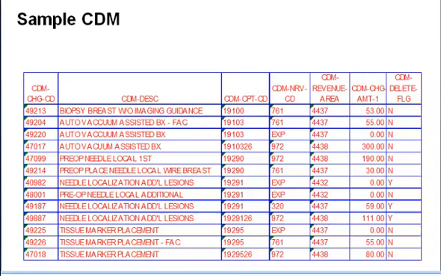And as I said, they're very, very large electronic documents, thousands of line items. So this is just a small sample. And if you remember, the charge master does not include ICD-9 codes. It is a HCPCS coding driven document.